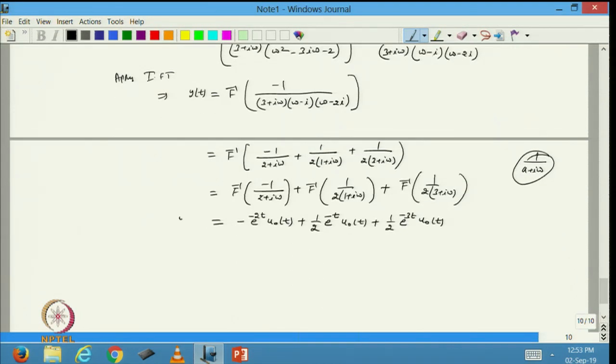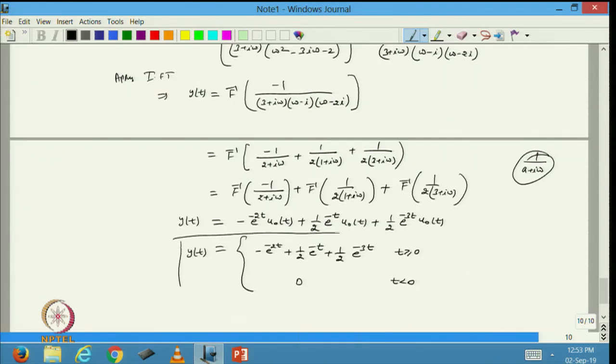So, that will be my solution, which can be written as minus e raised to power minus 2t plus half e raised to power minus t plus half e raised to power minus 3t, and this is for t greater than or equal to 0, and 0 when t is less than 0. So, this is my function and that is the solution.